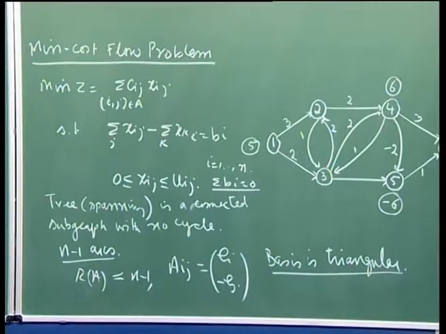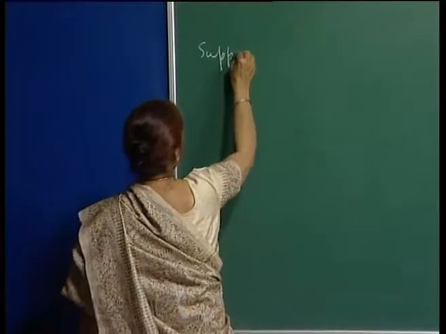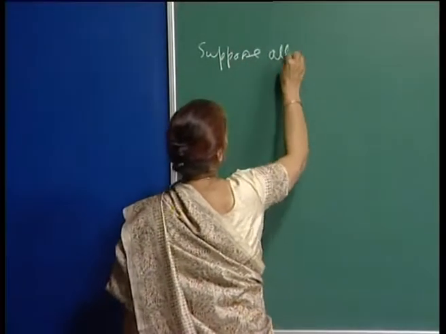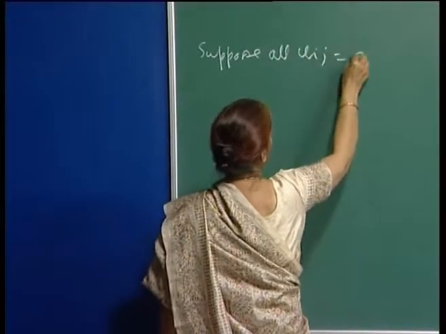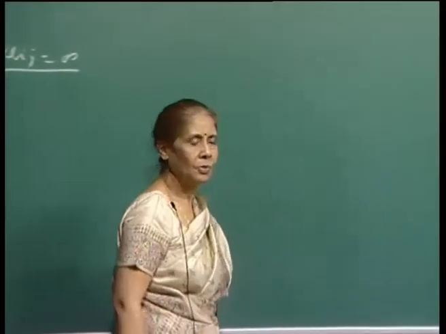Now, for the uncapacitated case, suppose all uij's are infinity, that means there are no restrictions and you can send as much amount as you wish.